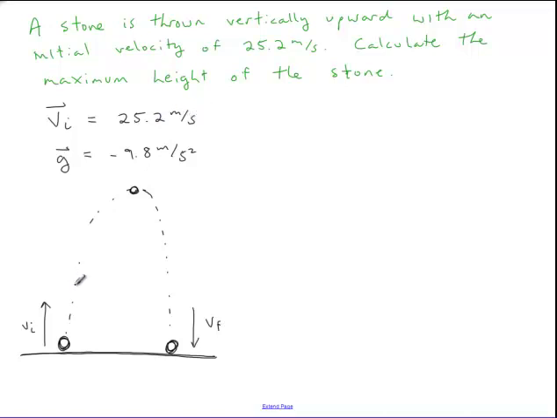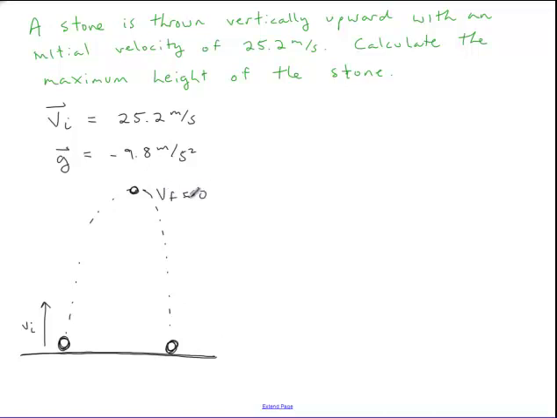So you throw a ball up, acceleration is acting down, so it's getting slower and slower, and so at this point it's what? It's zero. At the top of this flight path, its maximum height, the velocity is going to be zero.